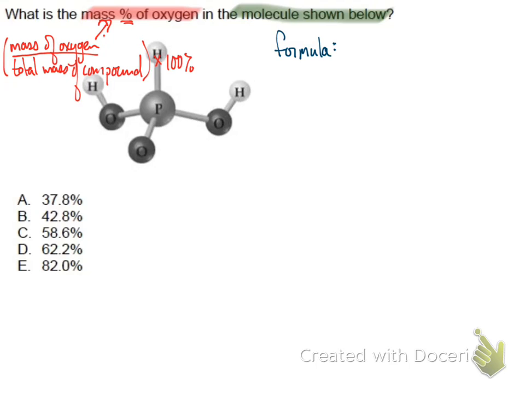Alright, what we see is we have 3 hydrogens, 3 oxygens, and a phosphorus. And so our formula is going to be H3PO3. Good. Now what we need to do is somehow fill out the mass of oxygen and the total mass of the compound. But we're not being given anything. We're not told how much we have.